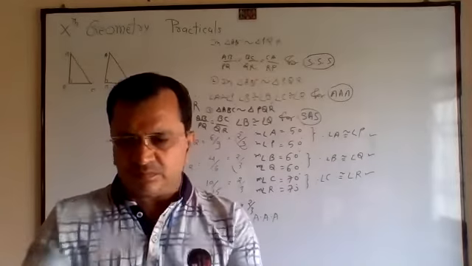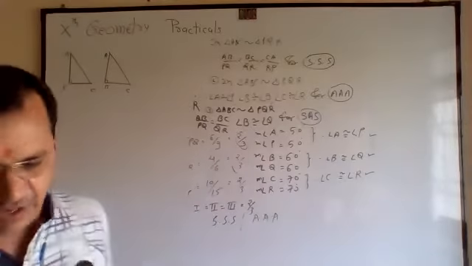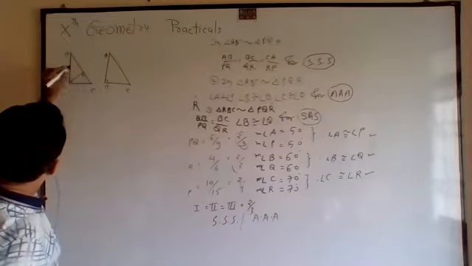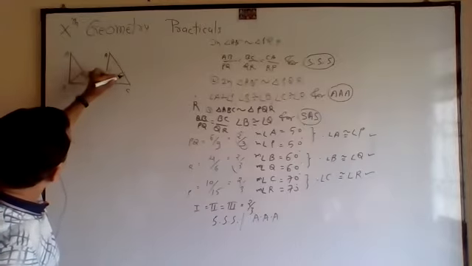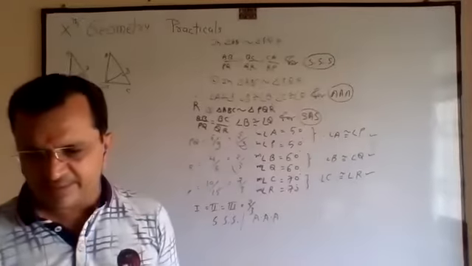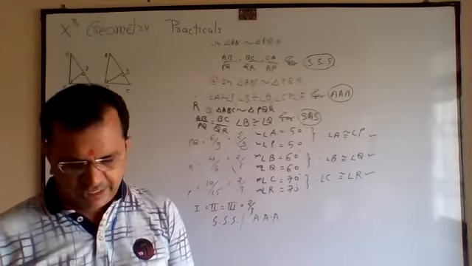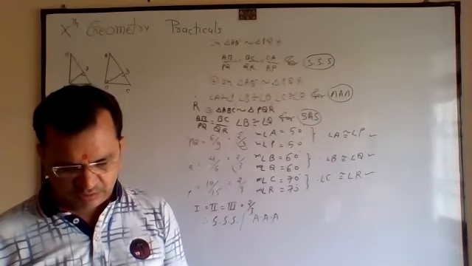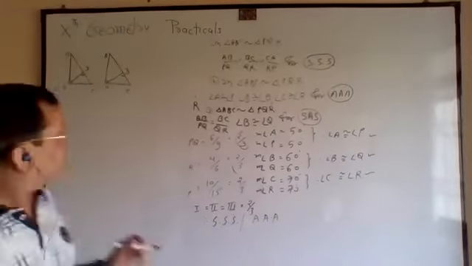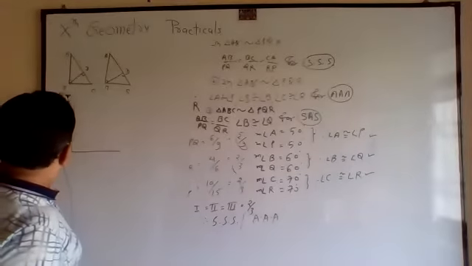Now from the vertex of 90 degrees you have to draw this, D1 in the next diagram. It divides the triangle into two. See how to name this triangle.